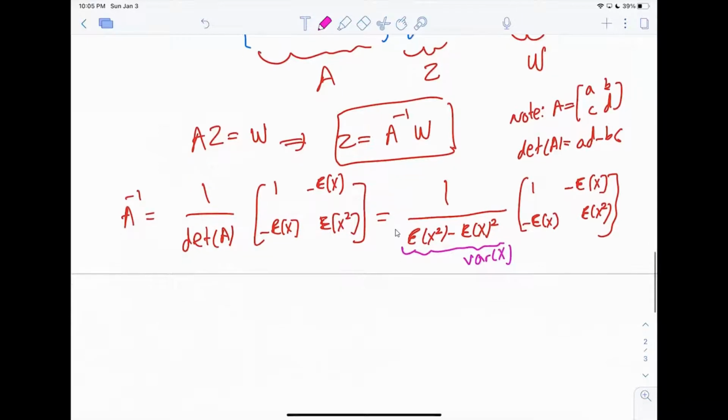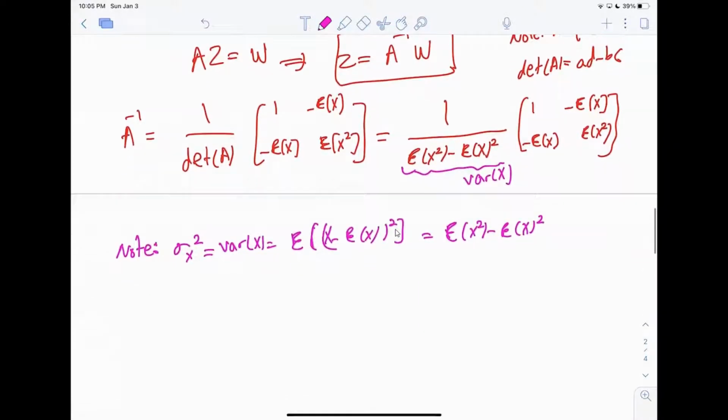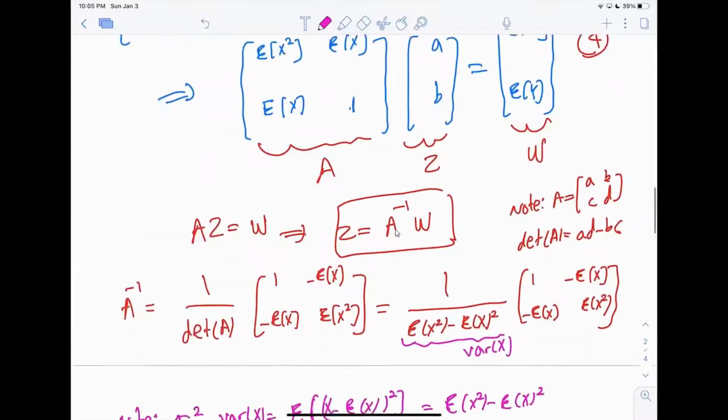Exactly. So note, variance of x, usually denoted by this sigma squared notation, is equal to E[(x minus E[x])²], or E[x²] minus E[x]². Great. Okay, perfect. Now let's just multiply them out together and let's see what we get.